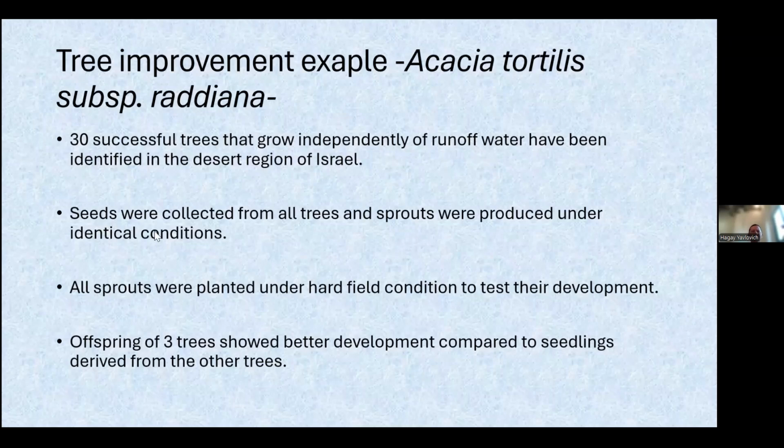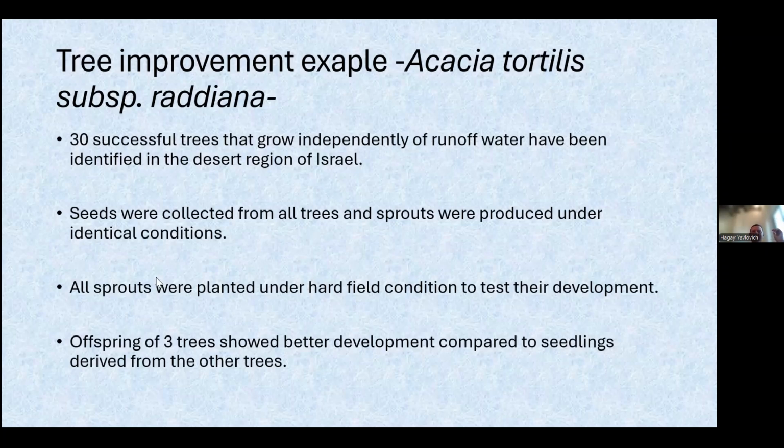So we collected the seeds from those 30 trees that grow very far from the water, and we grew sprouts from them. We produced trees from them, and we planted them in one plot under very harsh conditions.